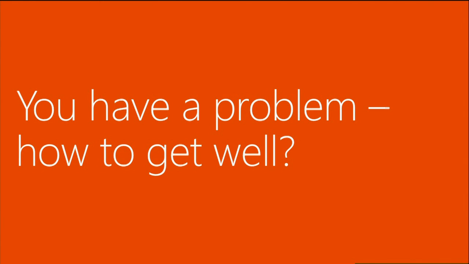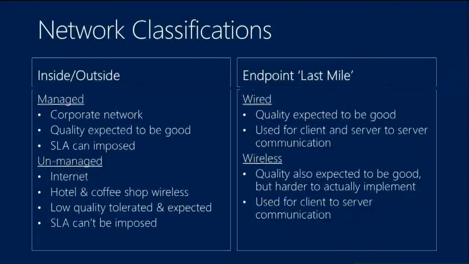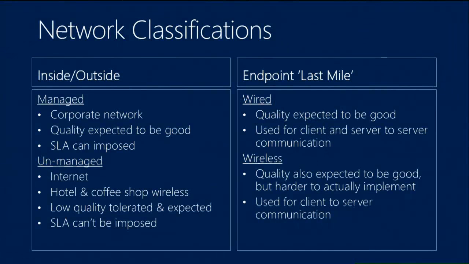So let's assume that we know we have a problem, but we need to do something to get well. How can we do that? When working with our customers and also internally in MSIT, we have come up with this classification of the networks. So we have inside or outside. Are the users on our corporate network or are they outside?